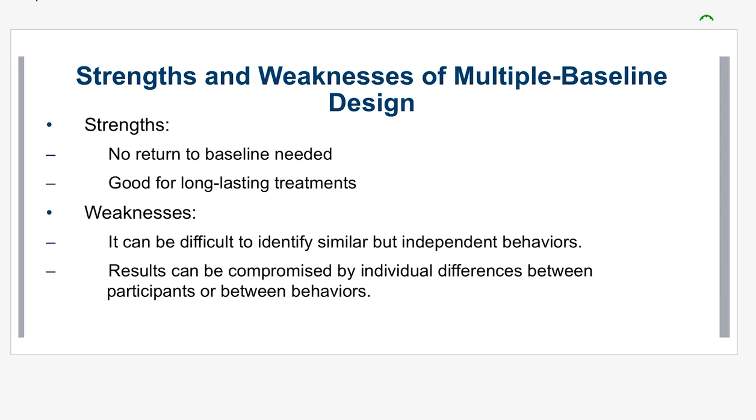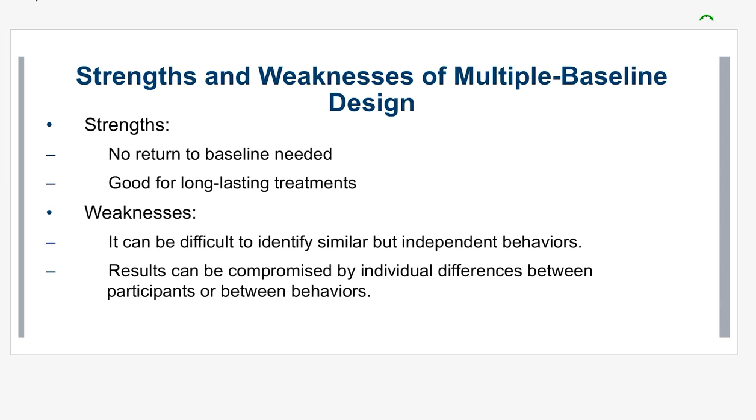The weaknesses is that it can be difficult to identify similar but independent behaviors. And some of you might have noticed that when we were talking about the multiple behavior example or cross behaviors, that was a little bit convoluted.